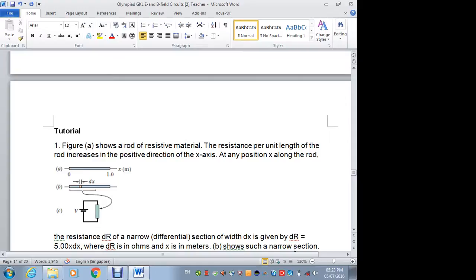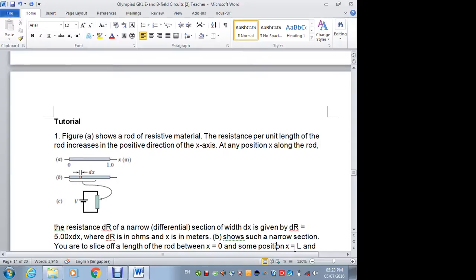I think this one is just practice of integration. So dR is pi x dx, where dR is in ohms and x in meters. What's the question? Figure A shows.